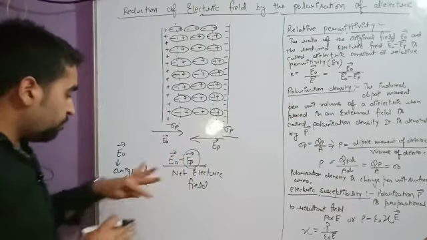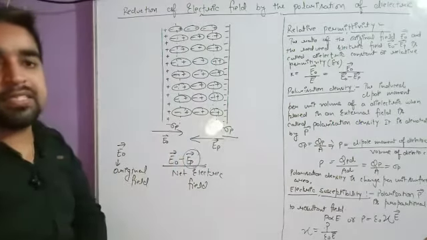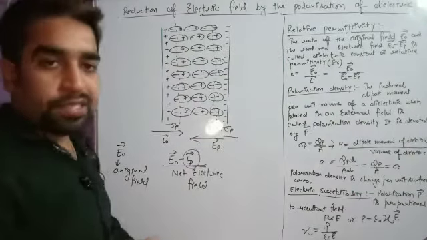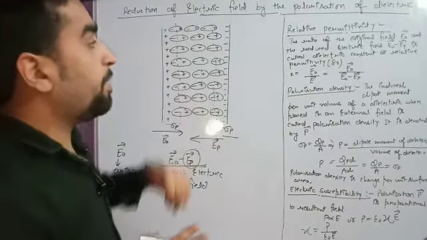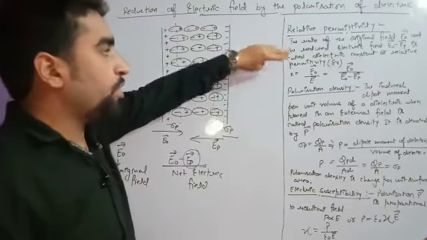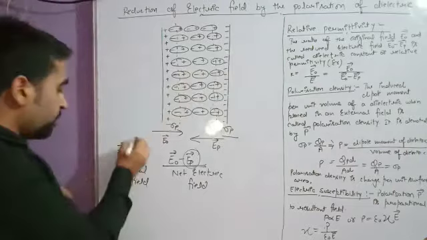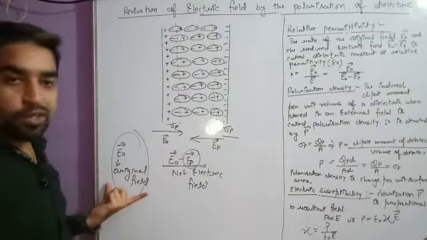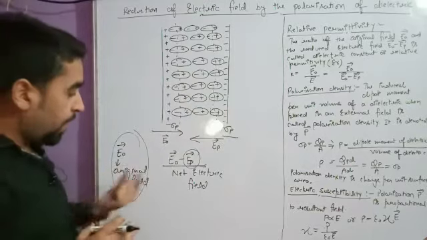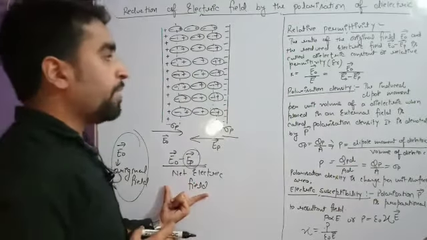So students, because of all these concepts which we have studied, there are a few terms we have to study. The very first term is relative permittivity. Relative permittivity is the ratio of the original field E naught, which is applied by us, to the net electric field. Originally we applied E naught, and the net electric field is E naught minus EP.